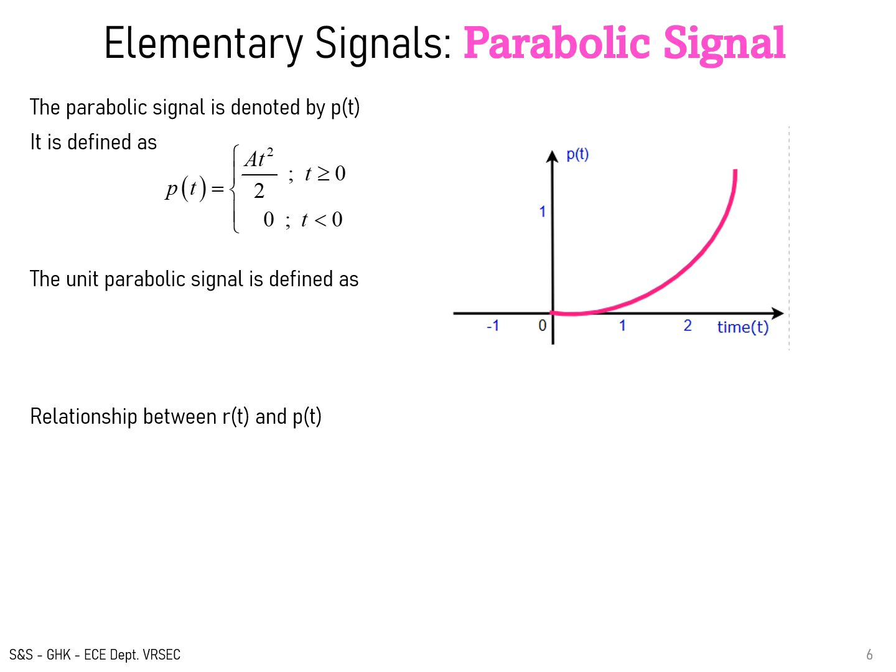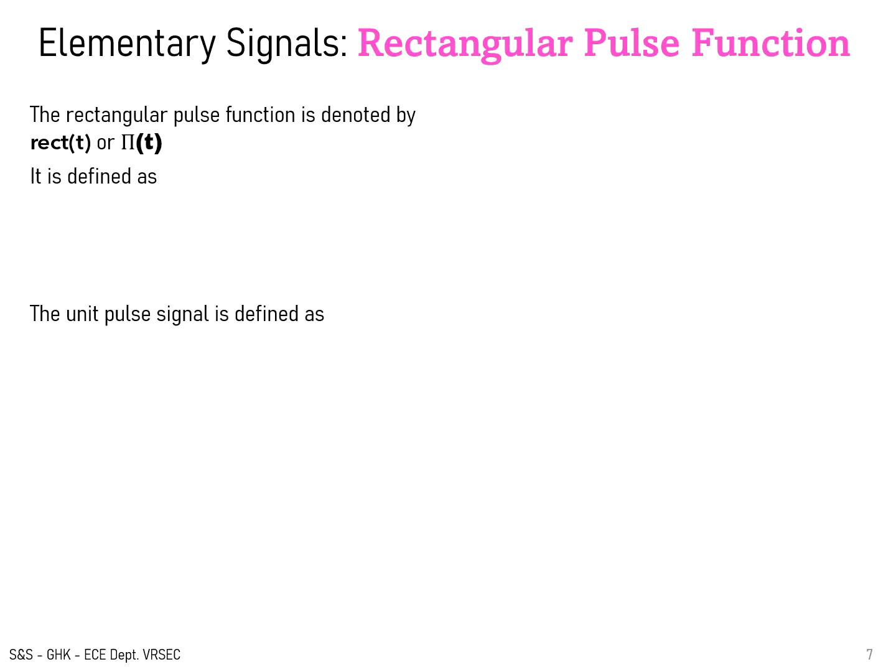Here, if constant a equal to 1, the parabolic signal is referred to as the unit parabolic signal, and p of t equal to t square by 2 for t greater than or equal to 0 and 0 for t less than 0. The relationship between the unit step signal and parabolic signal is p of t equal to t square by 2 into u of t.